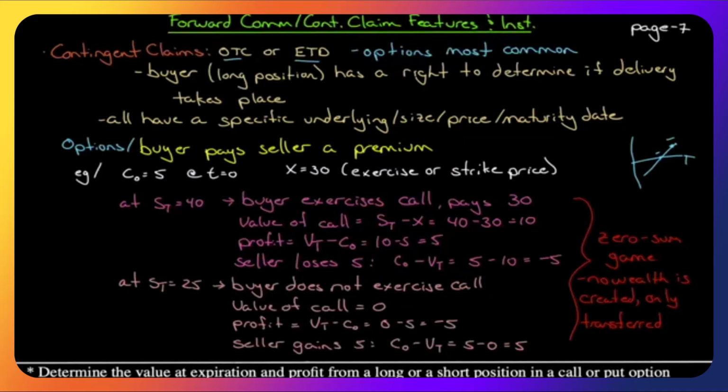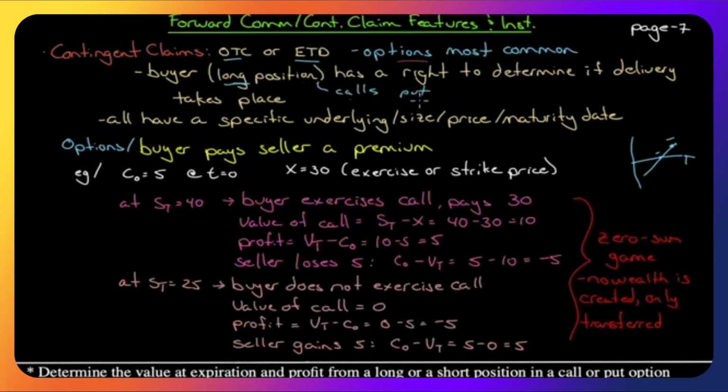The most common contingent claim are options. The buyer, which is the long position, has a right to determine if delivery takes place. It is their right to determine. When we say buyer or long position, there are two types of options. There are calls and there are puts. You can buy a call and you can buy a put. You are considered long on both positions.